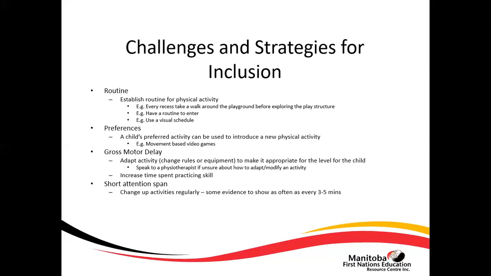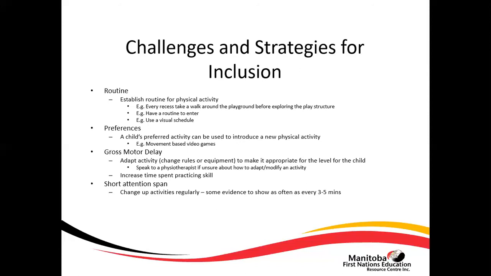You can move on to then a beach ball, which is also going to move a little bit slower. And then introduce a dodgeball once they're comfortable catching a beach ball or a balloon. So instead of just starting with an activity that's quite challenging for the child, just adapt the activity to their level.